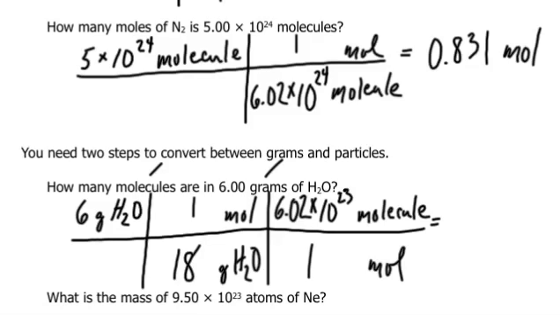Alright, so let's see what we get. 6 times 6.02 times 10 to the 23rd, and then divide that all by 18. And again, we're ending with molecules, and so the number should be astronomical.